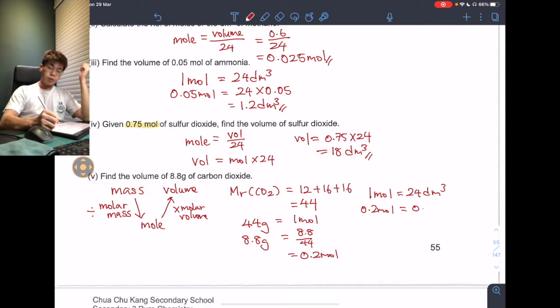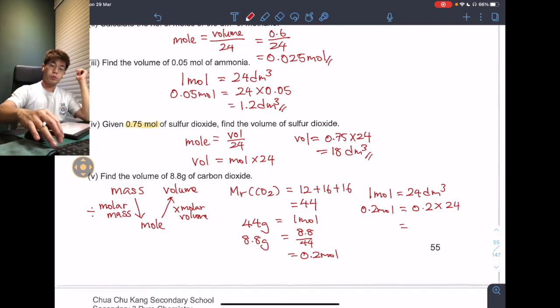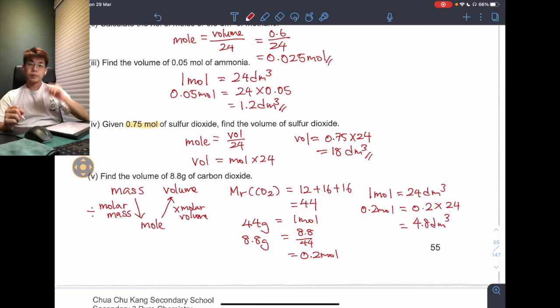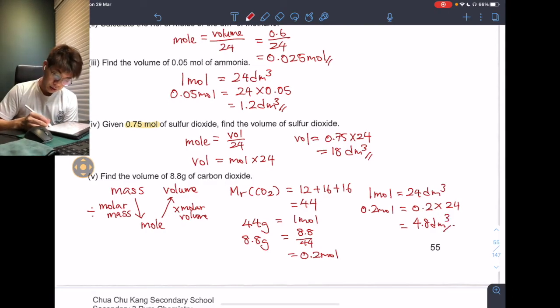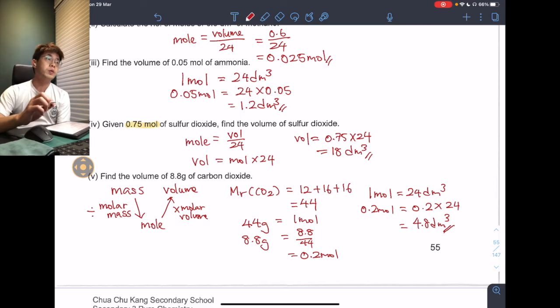I need to take the moles and multiply it by the magical number 24, the molar volume. 0.2 times 24 gives 4.8 dm cubed. Okay, so this is the strategy that we use to solve such problems. I believe the textbook will have more examples for you to try later. So all the best. See you later.